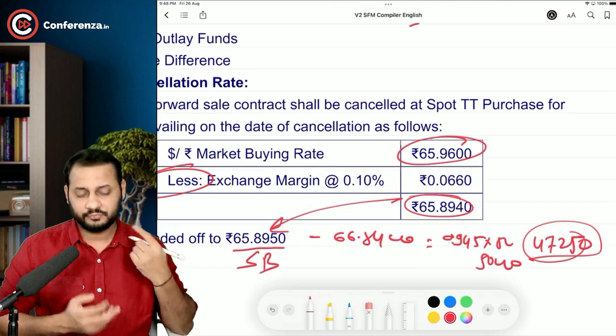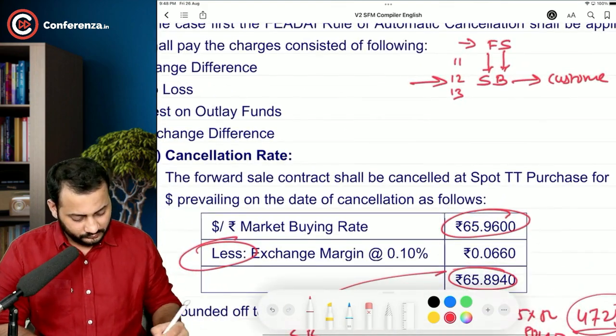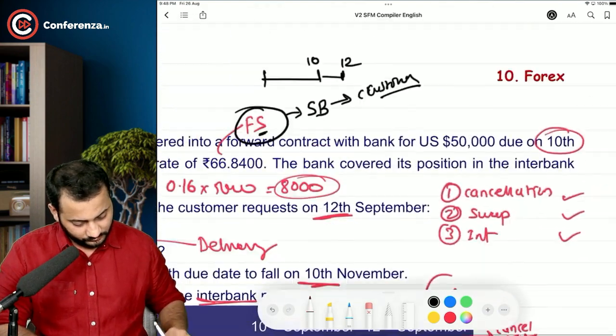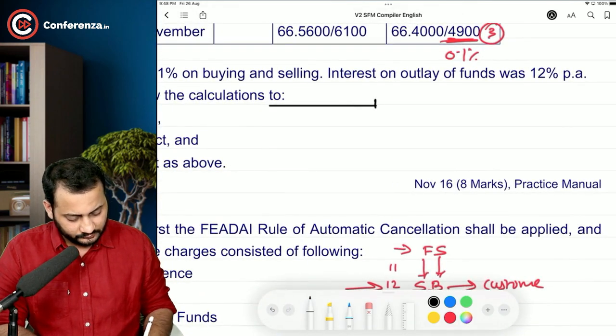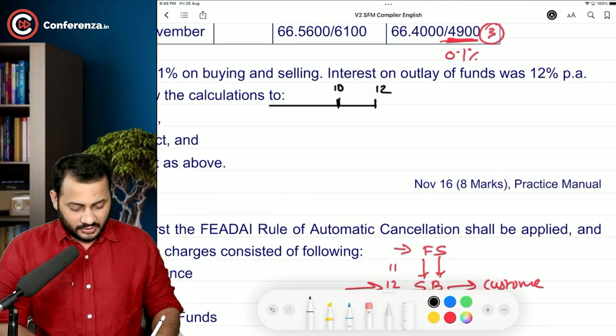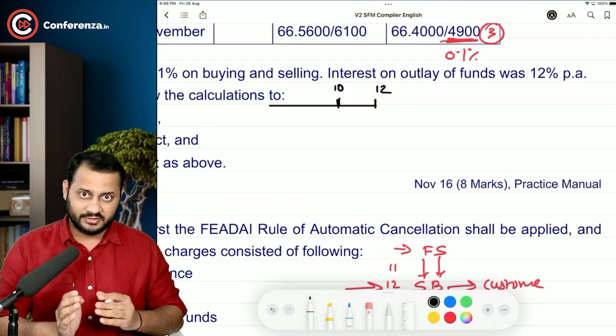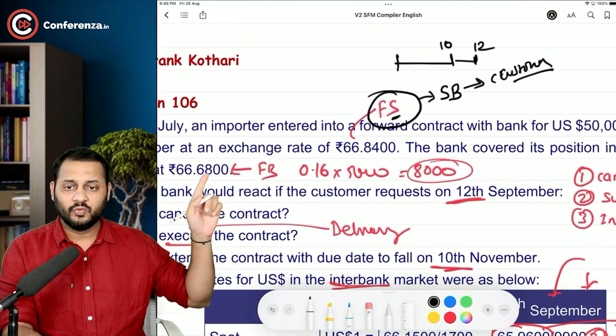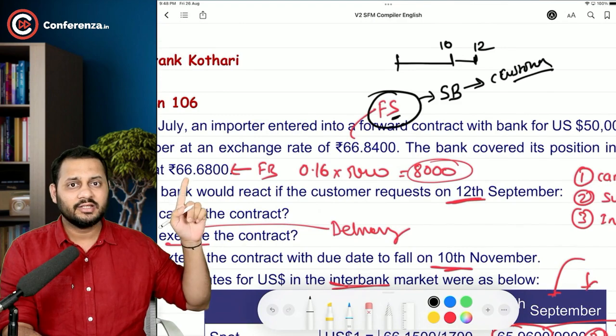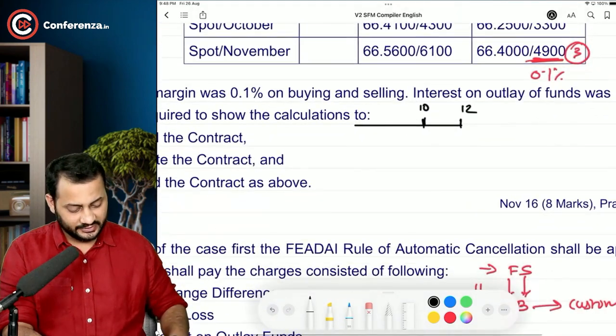4 rates. Very simple. Where is the timeline? Okay, I can draw it here. 10th and 12th. Cover rate will be cancelled first. Now, your cover rate was a forward buy. You were supposed to buy the dollars at 66.68.